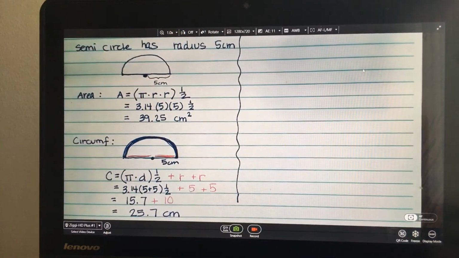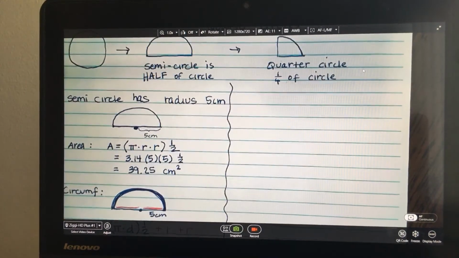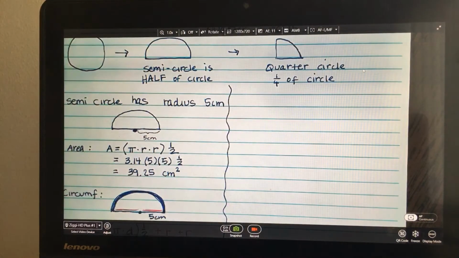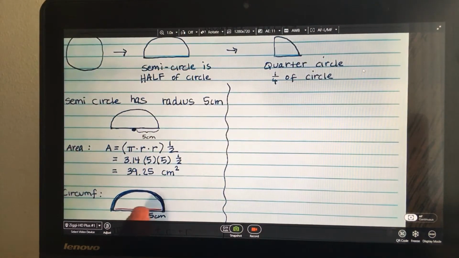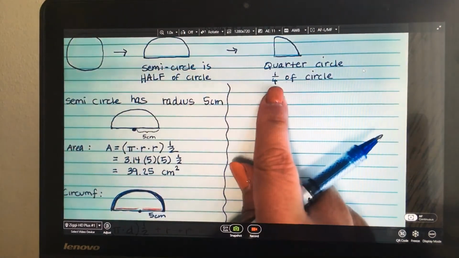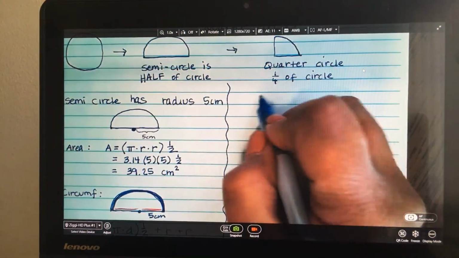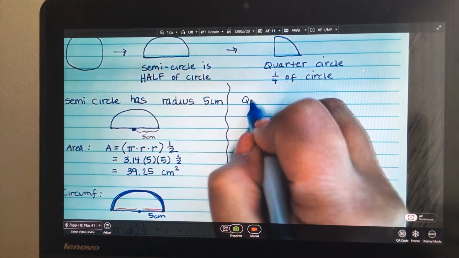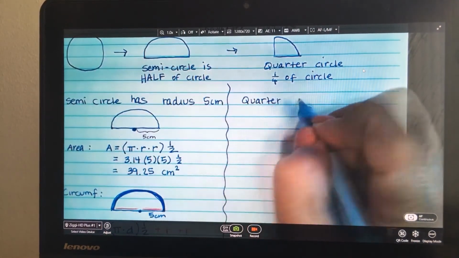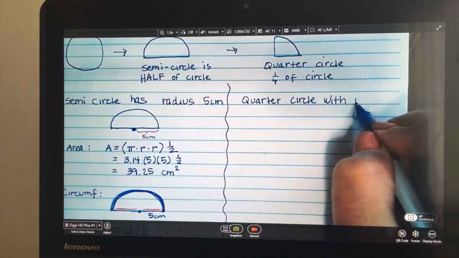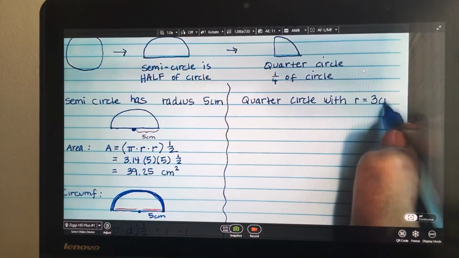And now we're going to take a look on the other side of the page here. We're going to take a look at quarter circles. We're going to follow a very similar path as what we did with semicircles, but we'll see that we're going to be using a quarter of the values. So instead of an entire circle, let's take a look at a quarter circle with a radius of 3 centimeters.